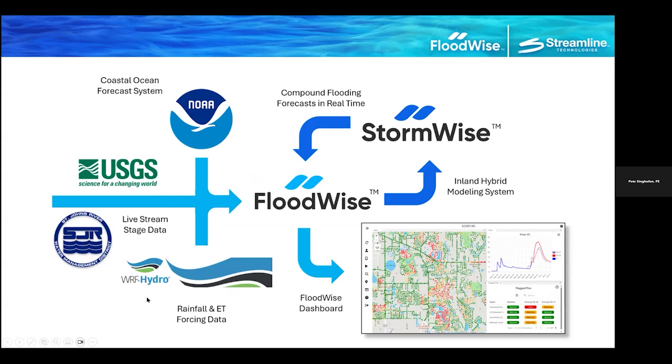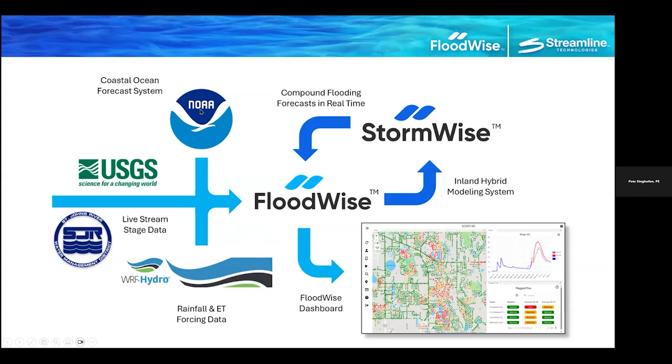And the rainfall and ET data are pulled in on a continental scale on a 1 kilometer grid. And so Stormwise says, okay, I don't need the entire continental United States. I only need a smaller subset of that. Here's the subset that I need. Floodwise will extract it from the overall set and send that out to Stormwise.